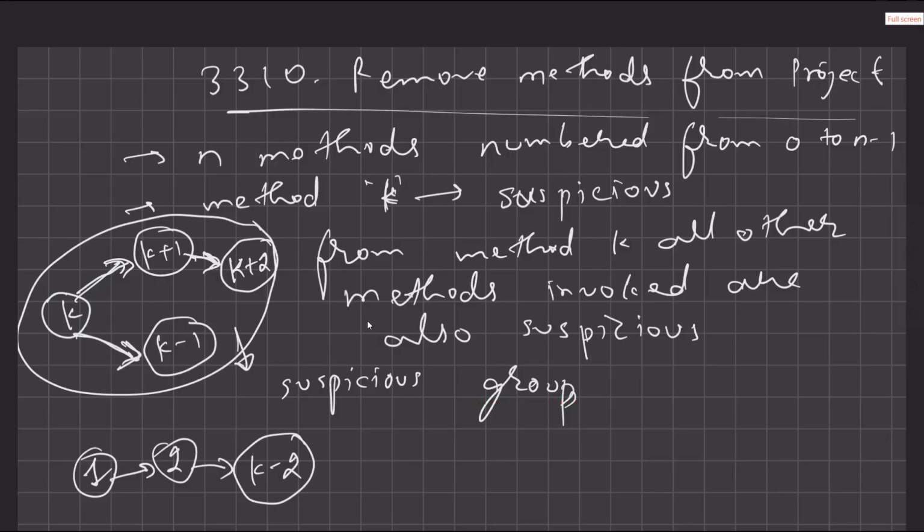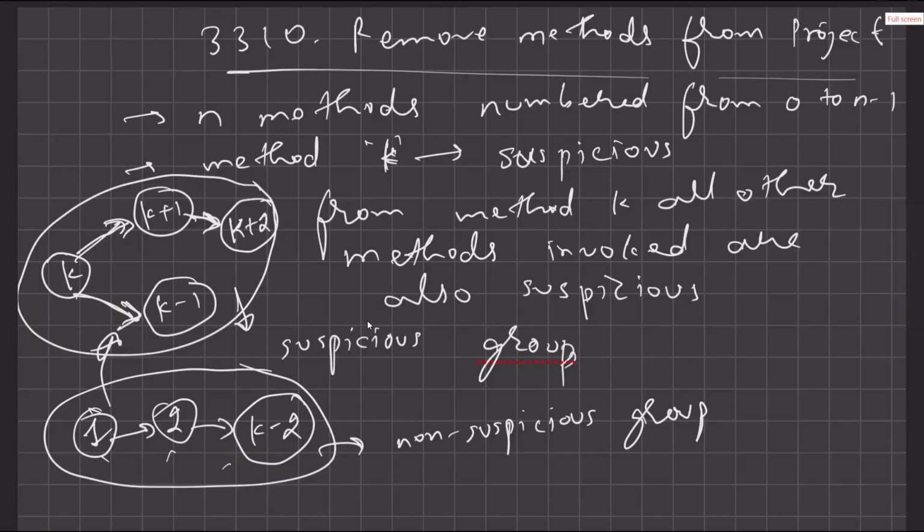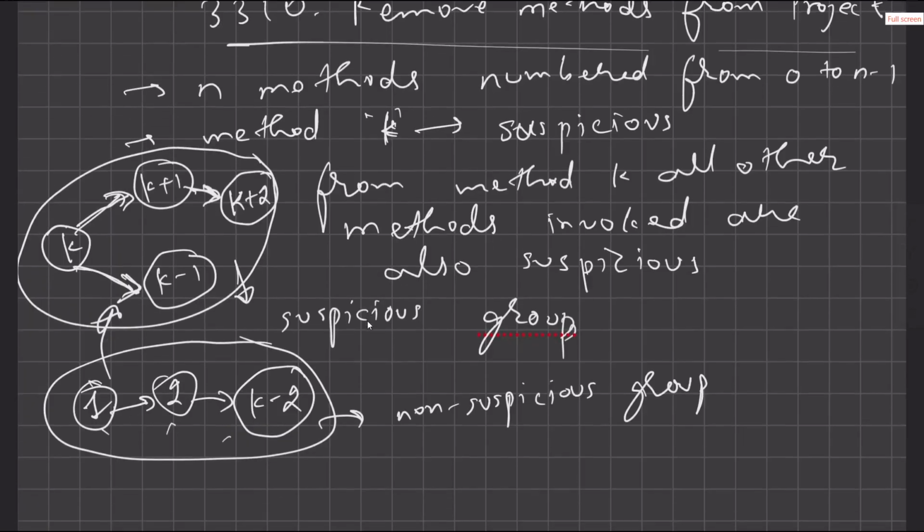From this non-suspicious group, if any of the methods calls any method in the suspicious group, then we can't remove it. And in case all the methods of the non-suspicious group do not call any method of the suspicious group, then we can remove the suspicious group.